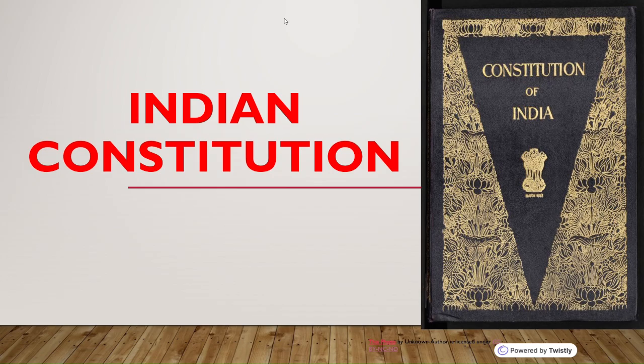On 13th December 1946, Mr. Nehru presented the objective resolution. The objective resolution is nothing but the main features and the main purpose of this Constituent Assembly, and what will be the philosophy of the constitution that we are going to establish.